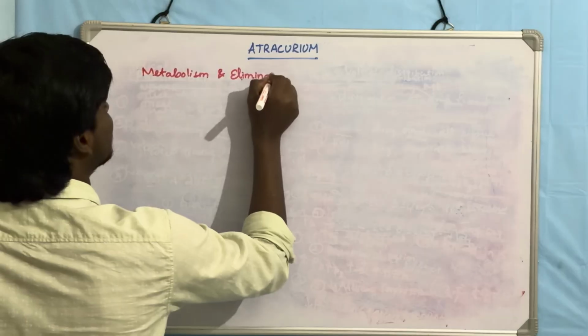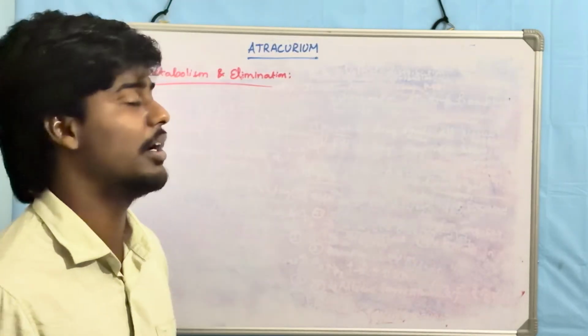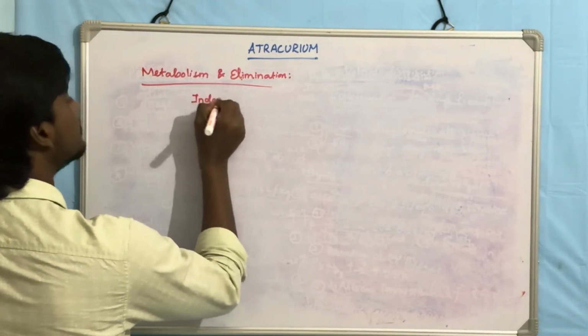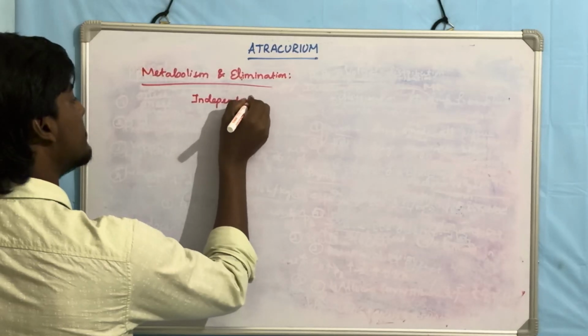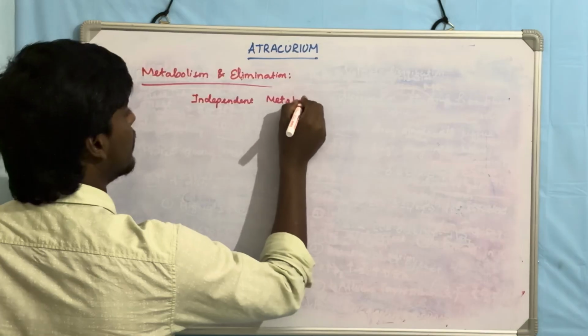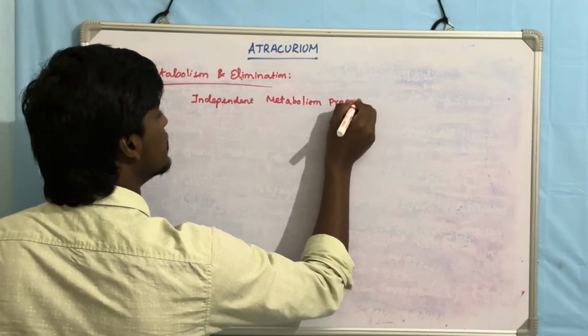Unlike other drugs, Atracurium has a unique property of metabolism and elimination. It is an independent metabolic process.